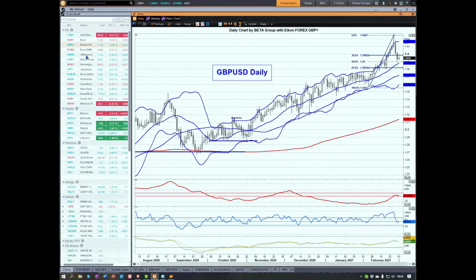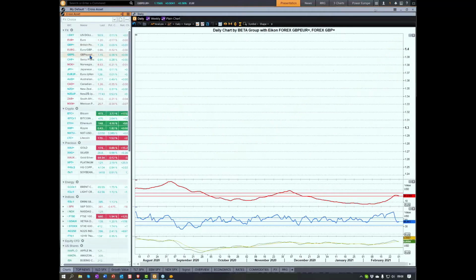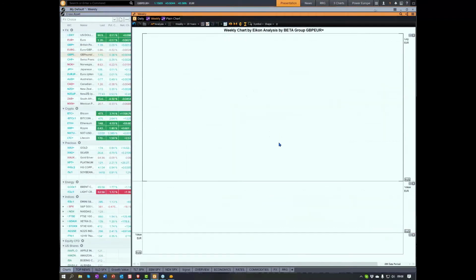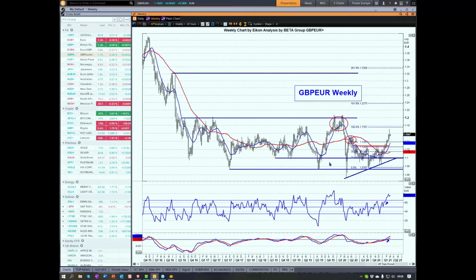The sterling euro, and we have to look at the weekly on this one for sure. It's pulled back to this support level here, this consolidation, the cigar as I call them. So we broke out, it surged, didn't go up to the 100% level, which I did think it was going to do, and now it's pulled back to rest on support.